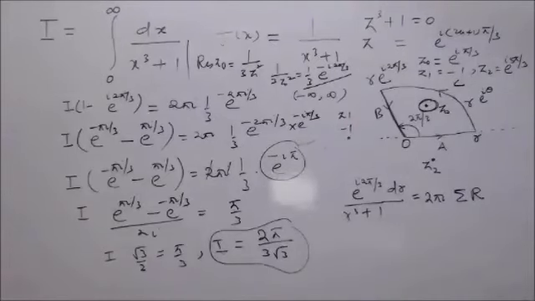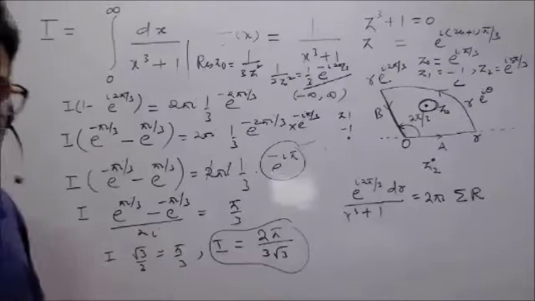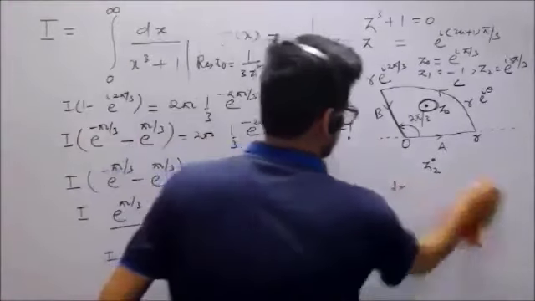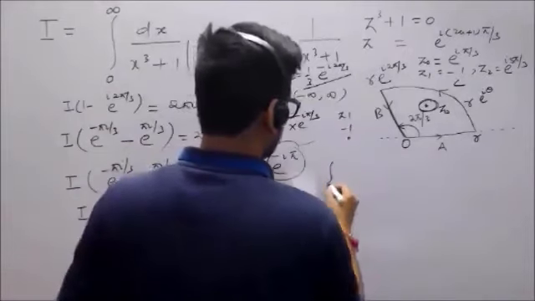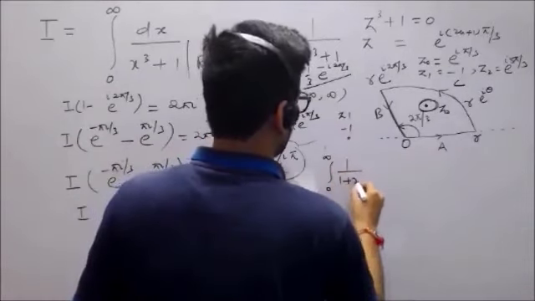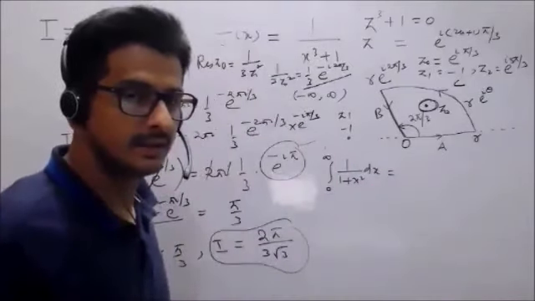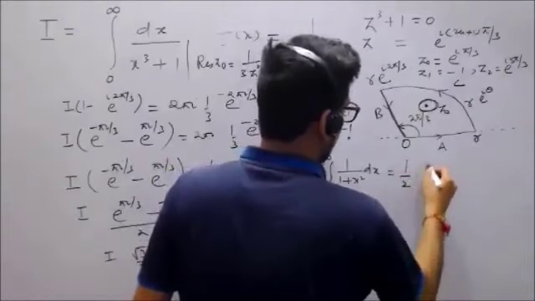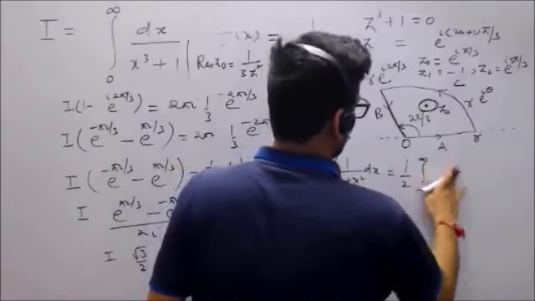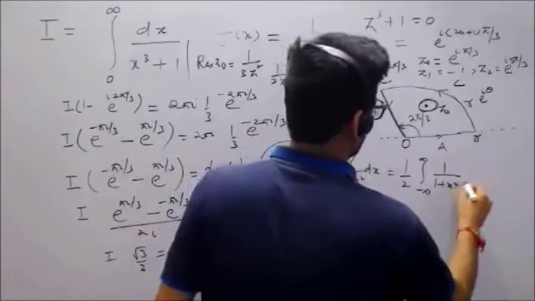Sir, shall I ask one question? Yes, ask. Sir, it's basic only. I could not get the point you told previously, that we cannot convert this contour integral from minus infinity to infinity. Why, sir? Suppose you have a function like 0 to infinity 1 upon 1 plus x square dx. You can convert it into half minus infinity to plus infinity 1 upon 1 plus x square dx.